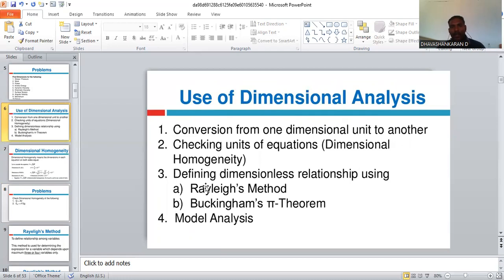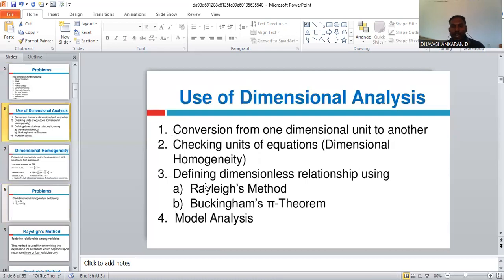When it is a physical quantity, we can convert it into another dimension. Whether it is a geometric quantity, a dynamic quantity, or a kinetic quantity, we can convert it into another quantity.